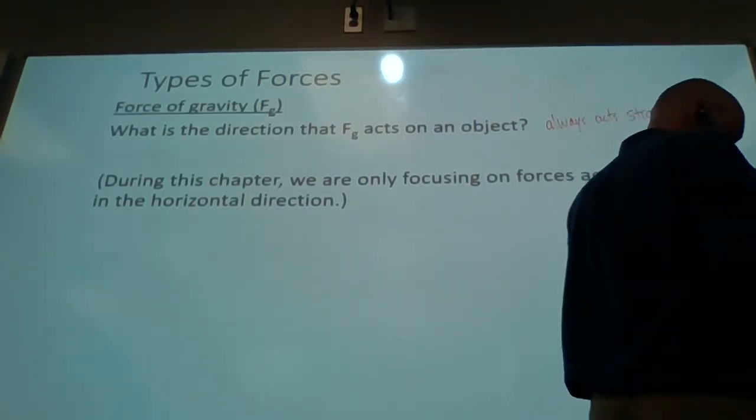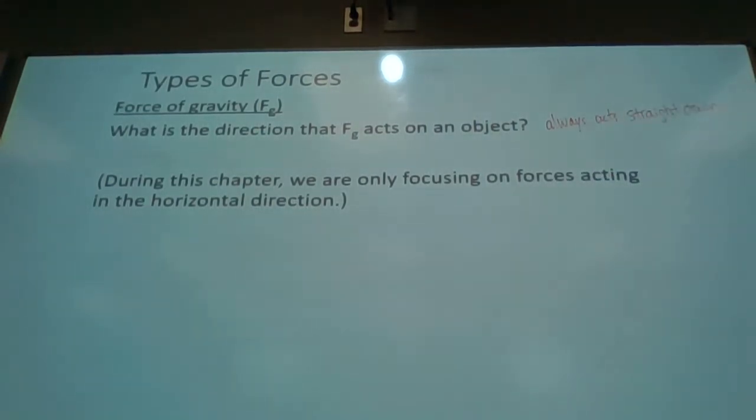However, during this chapter, we're just going to focus on forces that are acting in the horizontal direction. So gravity is not going to be one of those forces that we care about this chapter. It does exist, I'm not trying to say it doesn't. I'm just saying we're not going to worry about it right now. We'll pick that up next chapter.